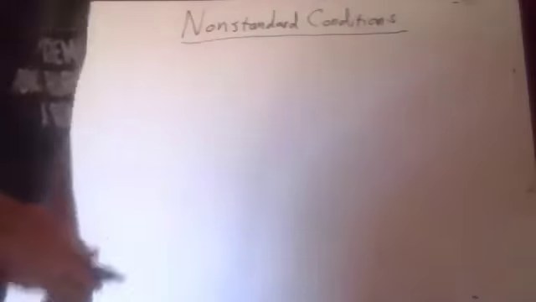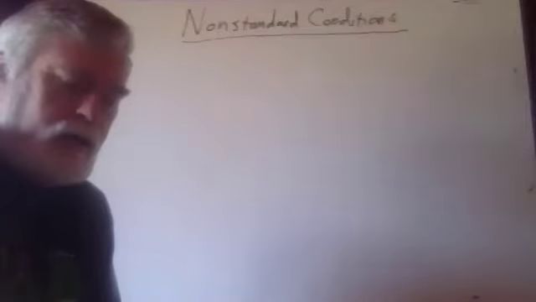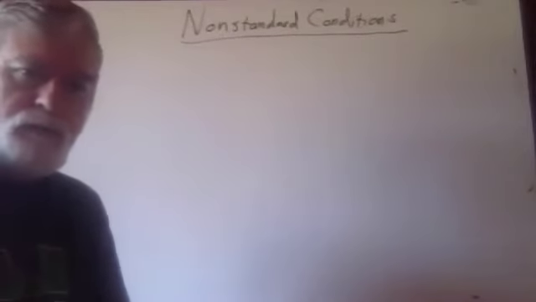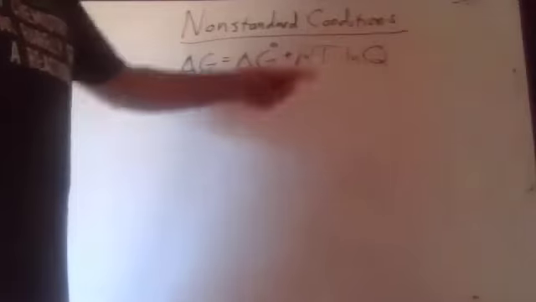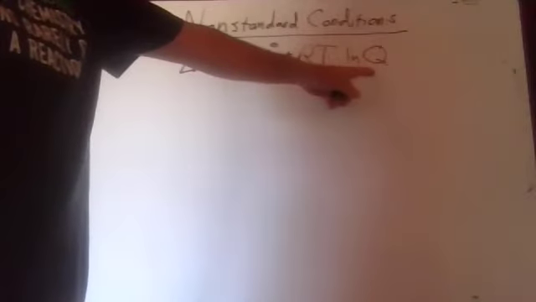So non-standard conditions would be when concentrations are not 1 molar or when pressures are not 1 atmosphere. In other words, delta G equals delta G standard plus RT ln of Q, where Q is the thermodynamic reaction coefficient, and it's got the products over reactants just like the equilibrium constant does, but these are at whatever conditions you start with.